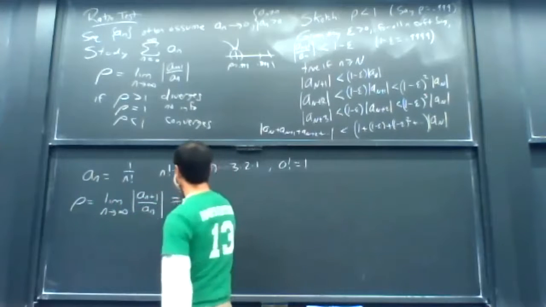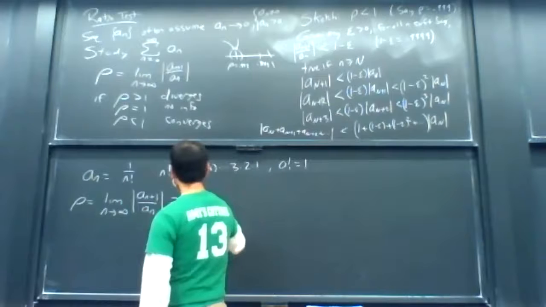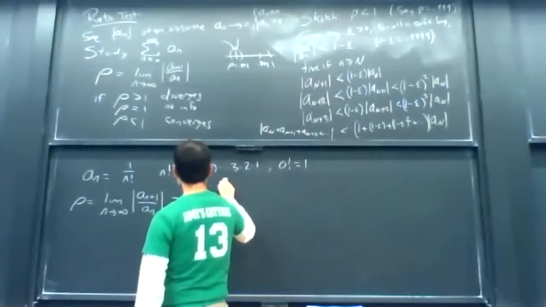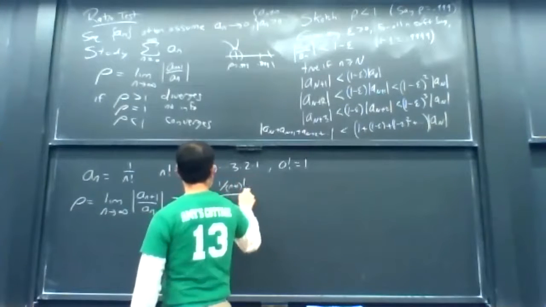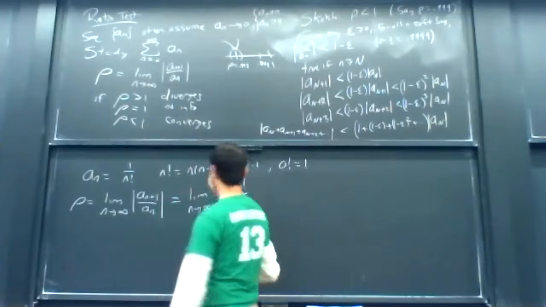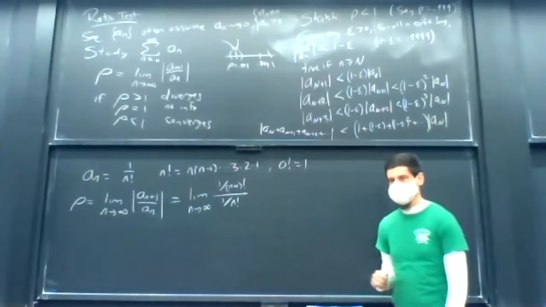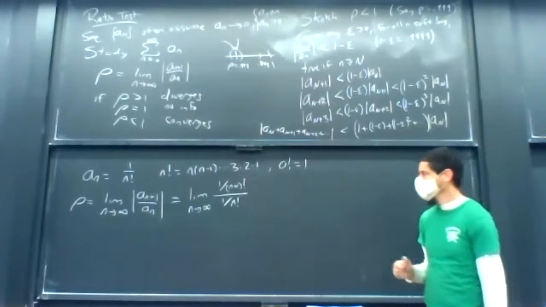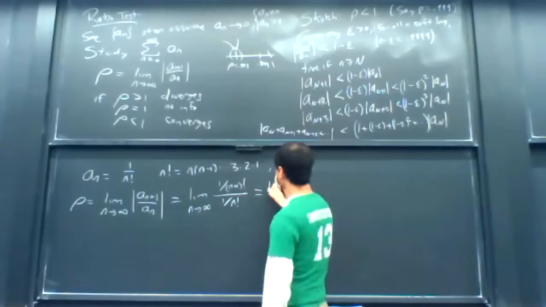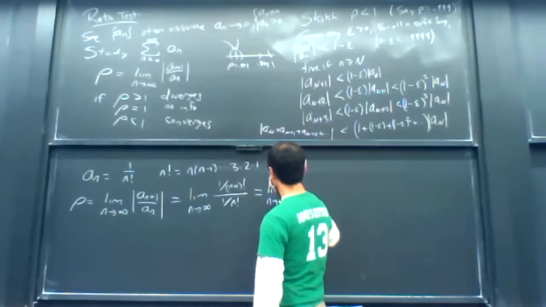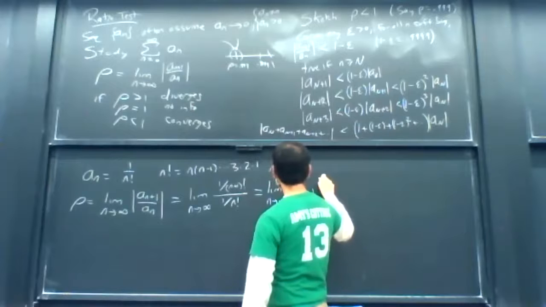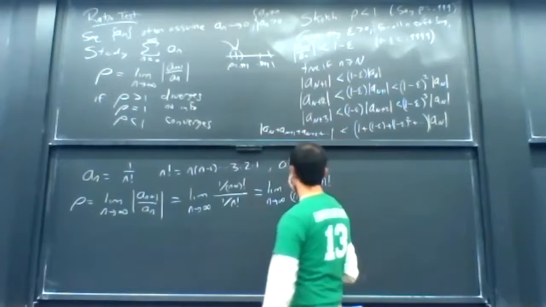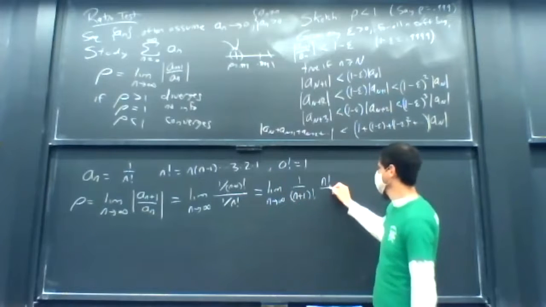So I would get the limit as n goes to infinity of 1 over (n plus 1) factorial divided by 1 over n factorial. Well, this is the same as the limit as n goes to infinity of 1 over (n plus 1) factorial times n factorial. Okay.